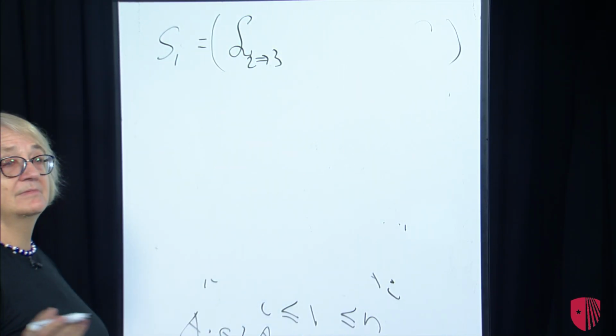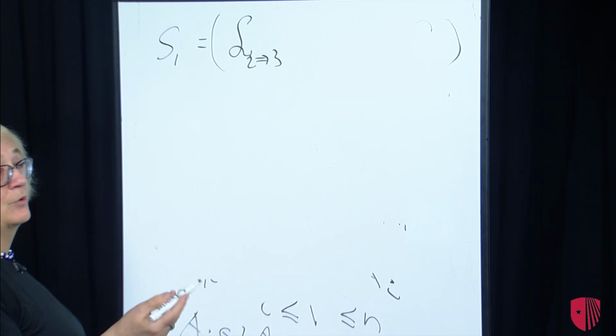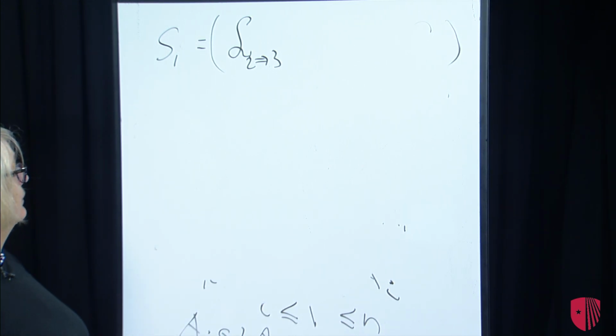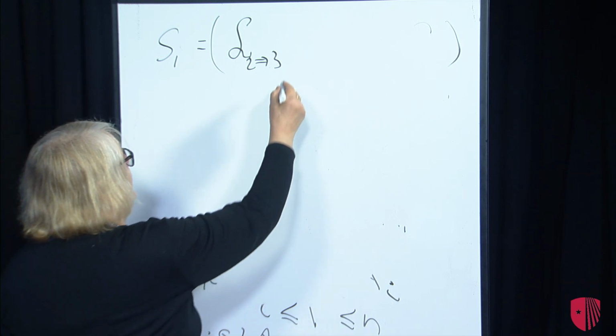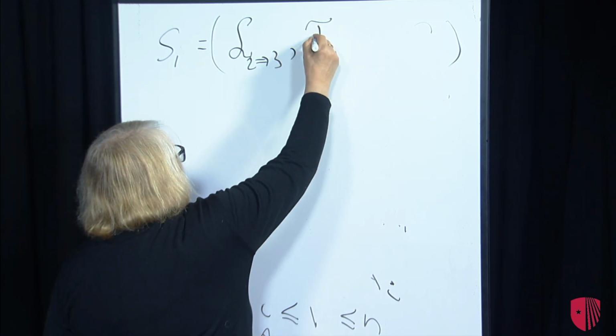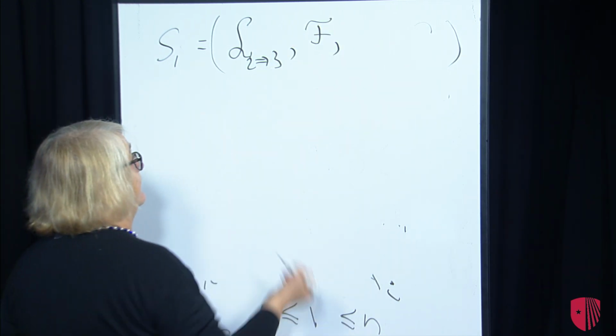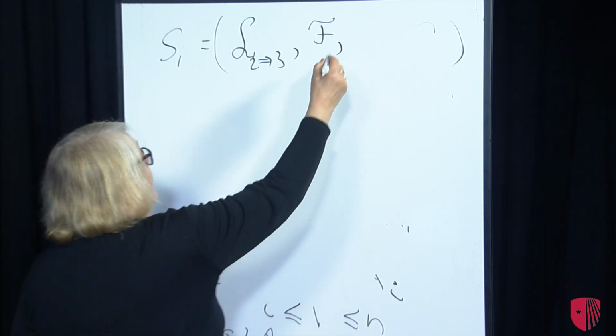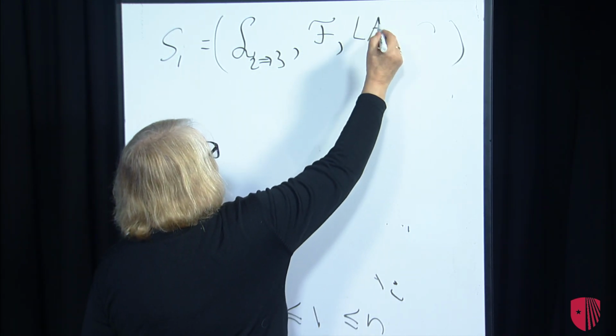Very nice little language. Formulas have only one two-argument connective, which is implication. Expressions are just formulas of the language. And now I take logical axioms.